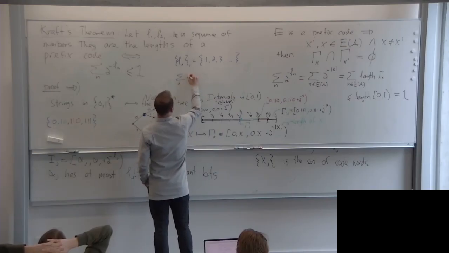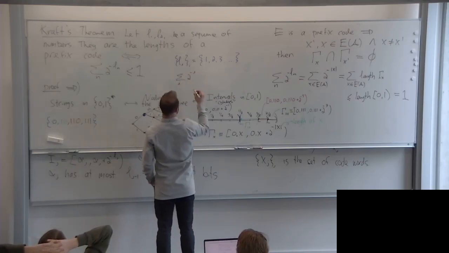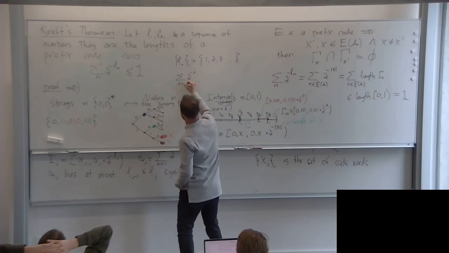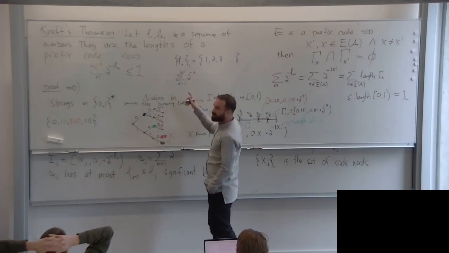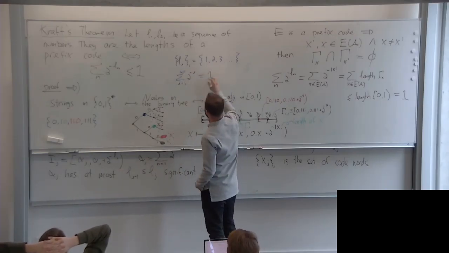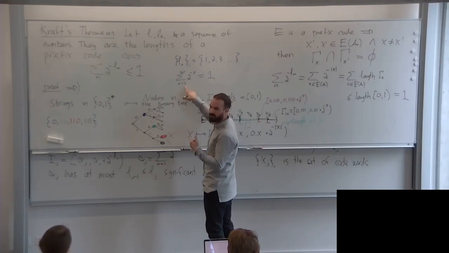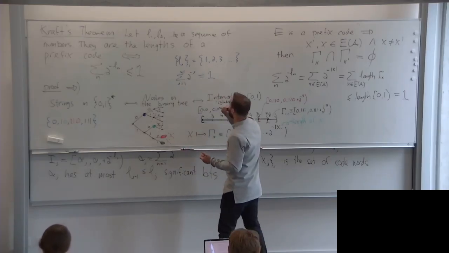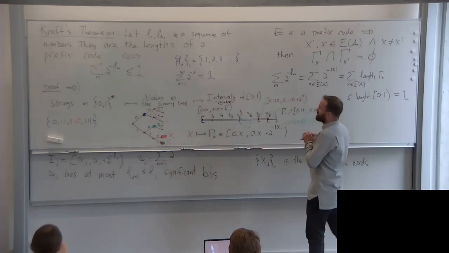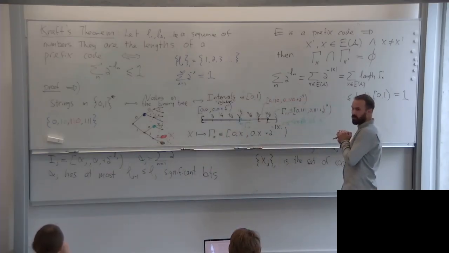Sum over i, 2 to the minus i. This is where I got confused. i starts at 1 and goes to infinity. And that's precisely 1. The error I made is I made it start that sum at 0, so it would sum to 2. And so, Kraft theorem tells me there is a prefix code whose code word lengths are 1, 2, 3, 4, 5, and so on.